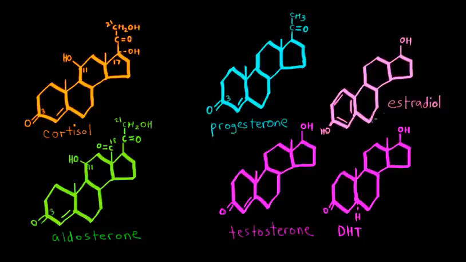So estrogens are commonly referred to as C18 steroids for that reason. We lost that carbon right there that we had in the androgens, and frankly the other steroid molecules. So there has to be an aromatization of this ring, and we're going to see that that's coming directly from testosterone if we're talking about estradiol.